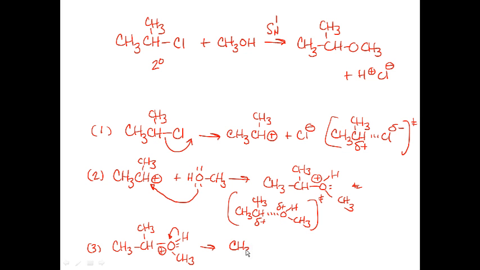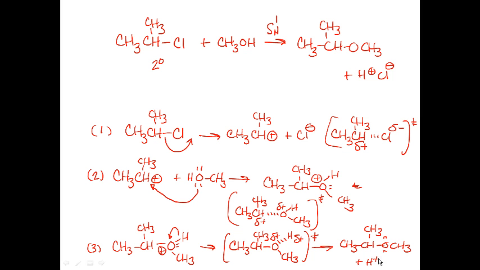I'm just going to write the transition state here, to form my final product, which is actually an ether functional group. My oxygen now gets its lone pairs back, and I ended up producing H+, which would have reacted with the Cl- up there to make HCl.